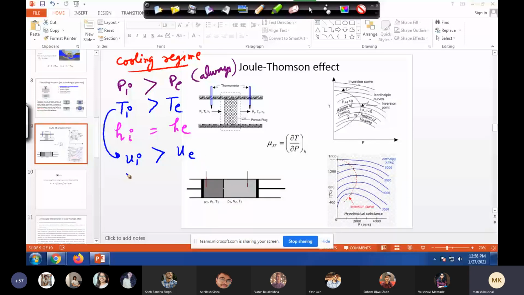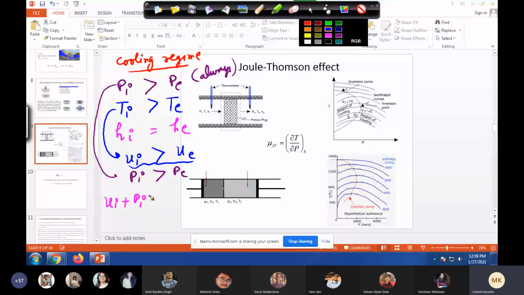Now you see that Ui is greater than Ue, and another thing we also know here is that Pi is greater than P. Now if you see the definition of H, it's Ui plus Pi Vi, we are saying is greater than Ue plus P V. So you see why I said that we can't claim right now.